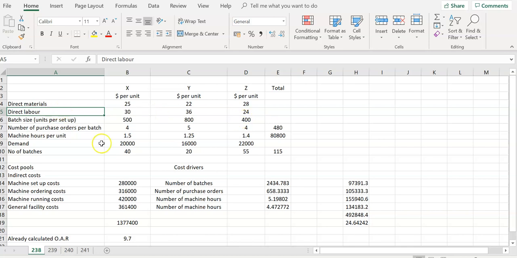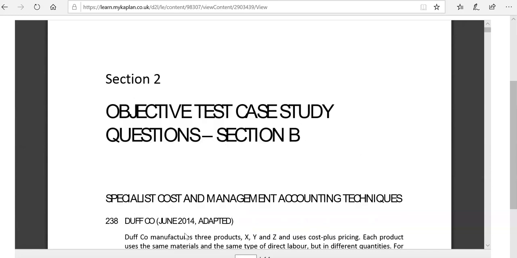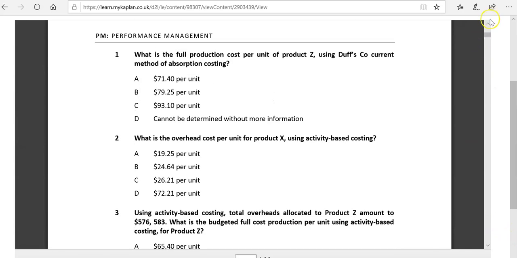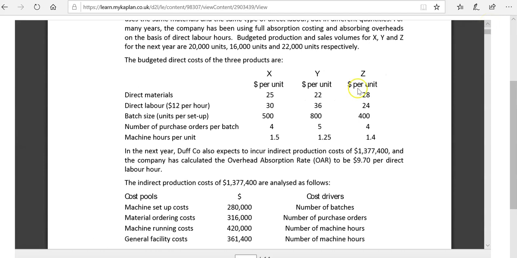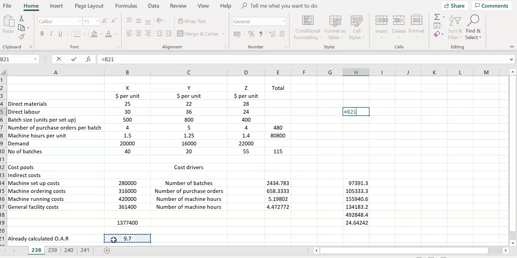Remember this? I showed you this. I'll show you again. It tells us here that this is £12 per labor hour. So there's 2 hours here for Z. So it means that if I'm applying that £9.70 to Z, that is in effect £9.70 times 2, and that gives me 19.4.